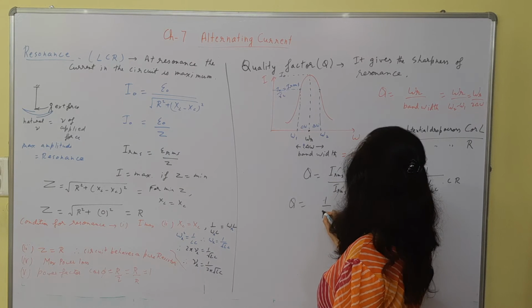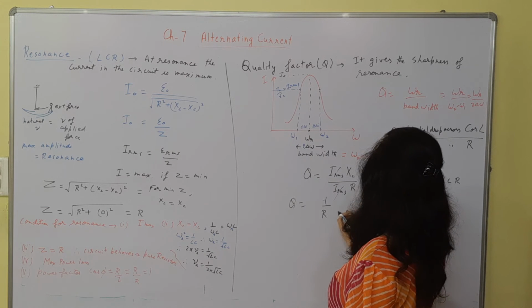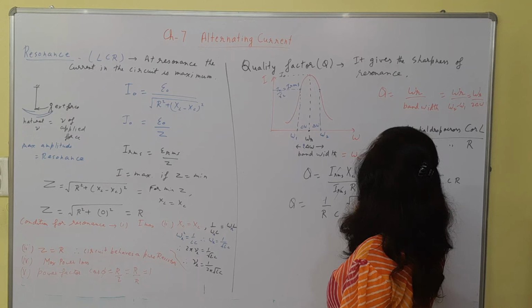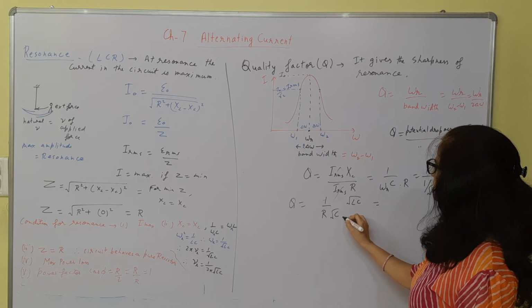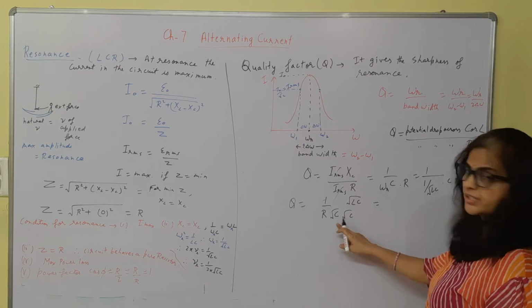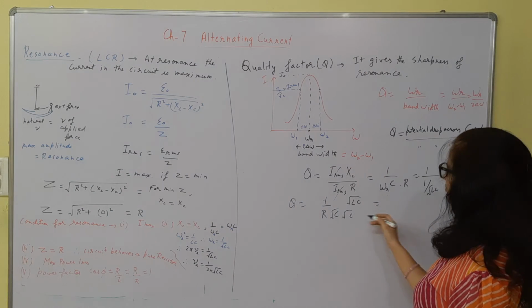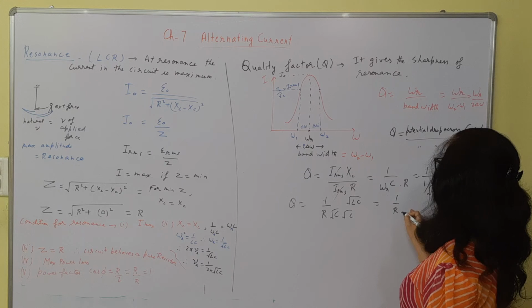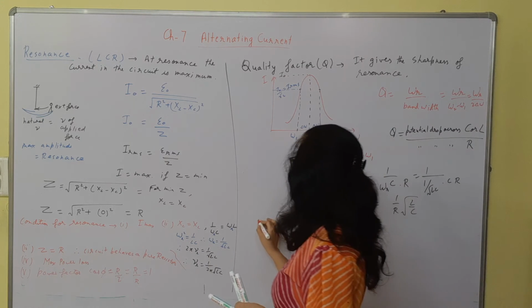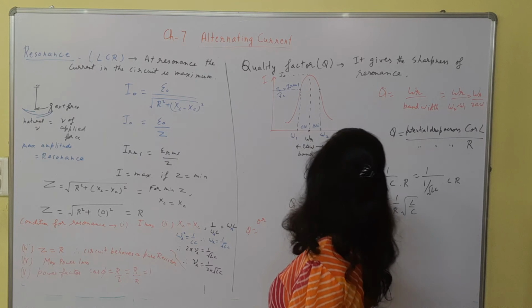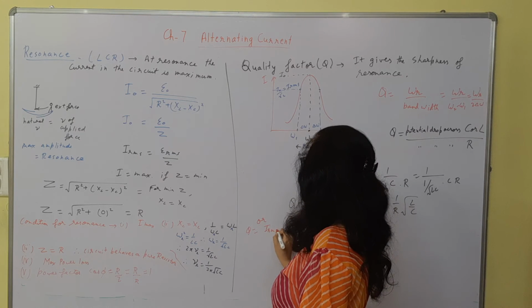And therefore Q can be written as 1 by R, and this is C, this is under root LC. So this can be written as root C into root C, so root C cancels. So this will be 1 by R under root of L upon C. Similarly, in the other way we can find it, Q is equal to the voltage drop across the inductor upon the resistor.